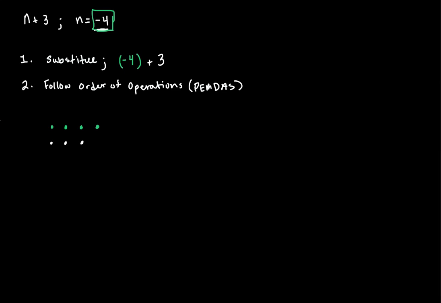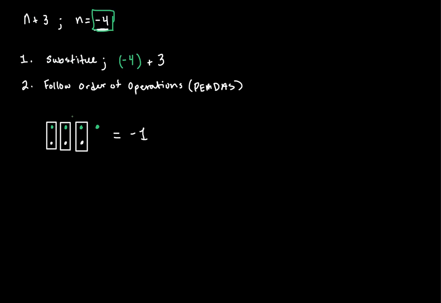When we're trying to add, you are going to pair up a positive and a negative dot, and whatever is left over, which in this case is a single negative dot, is your answer. So we end up with a -1.